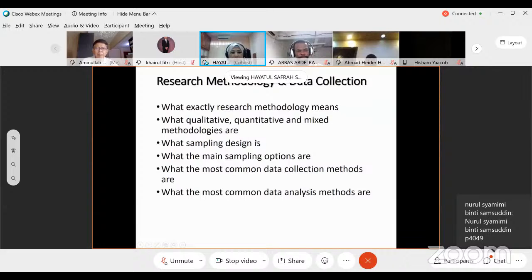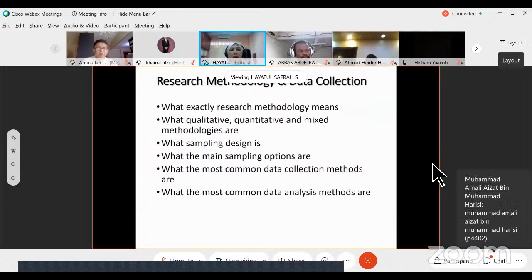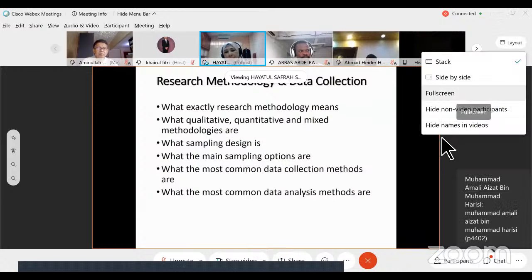So today, we will discuss a few things, all related to research methodology. In a later slide, we will discuss what methodology means in research, focusing only on quantitative.